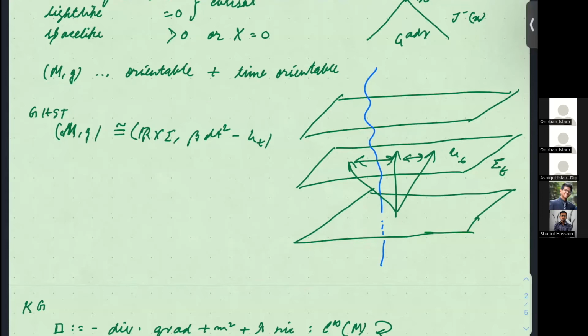And that's really, as to this question, yes, it is true, you need global hyperbolicity.